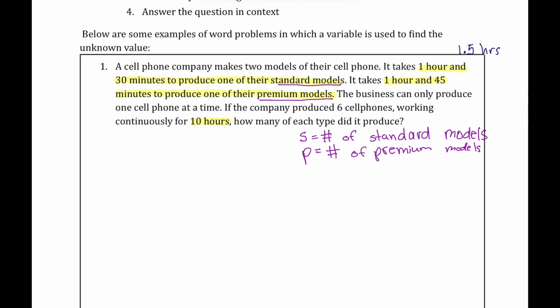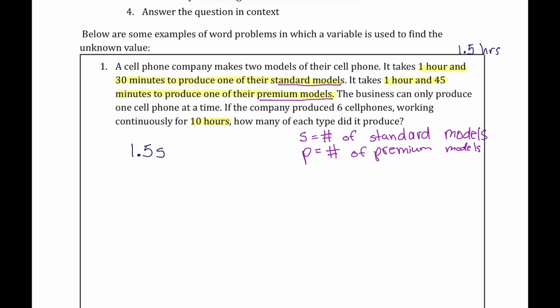And so we're saying that it's 1.5 hours per every standard model. In other words, whatever the number of standard models that were made, we can multiply that by 1.5, and that's going to be the total amount of time that it took to make the standard models. So that's going to be the start of this first equation, 1.5S, right? 1.5 times the number of standard models that were made.